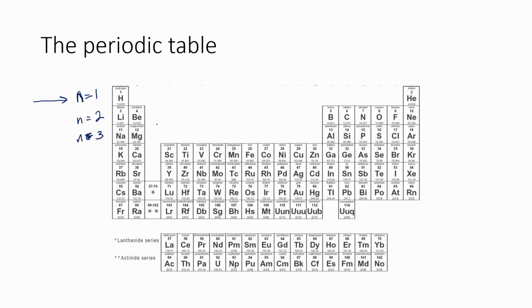As we go across, well, this first set, we have l equals 0. So that's the s shape. And we have 2 electrons that can fall in that. Helium, you can kind of think of as being right here for that designation.